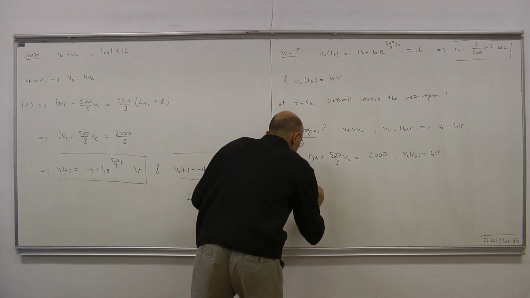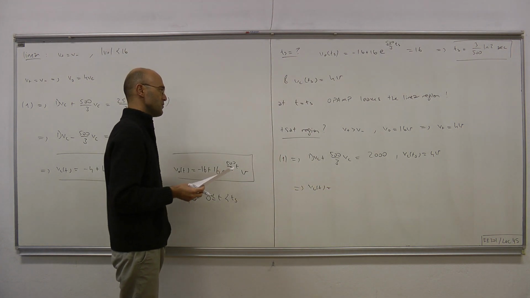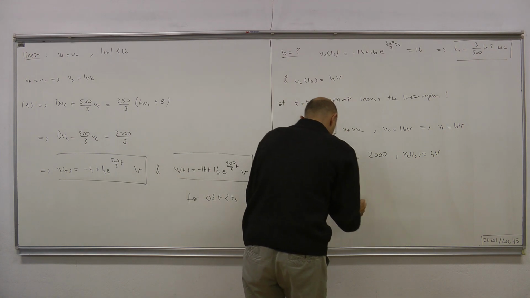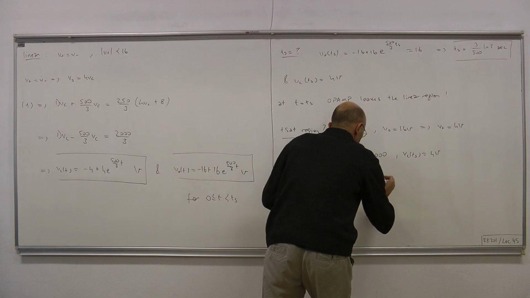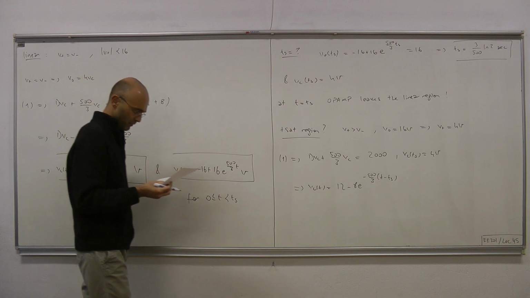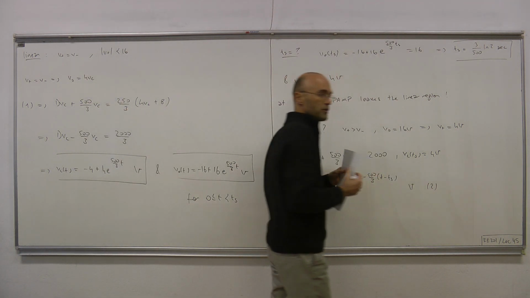That implies VC(t), if op-amp is in positive saturation region, VC(t) has to be 12 minus 8 e to the minus 500 over 3 (t minus Ts). Okay, so let's call this equation 2.